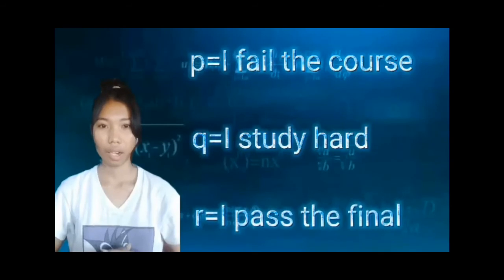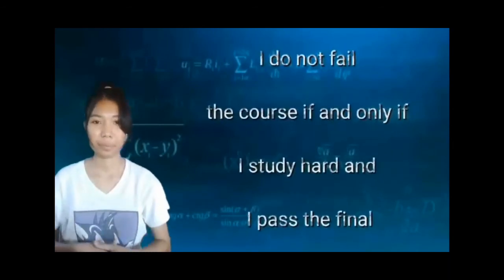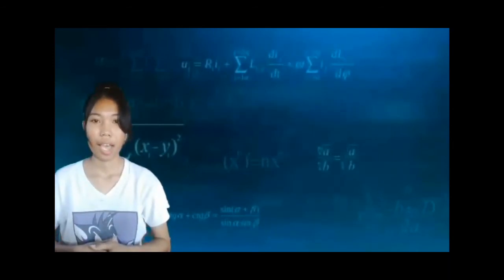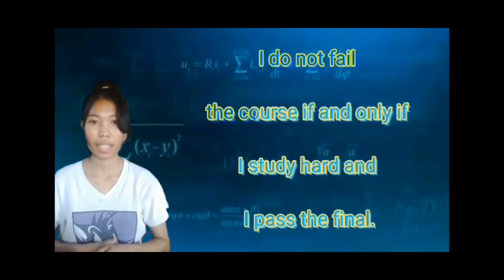And R for I passed the final. So, as we have the sample statements, we can have this statement: I do not fail the course if and only if I study hard and I pass the final.